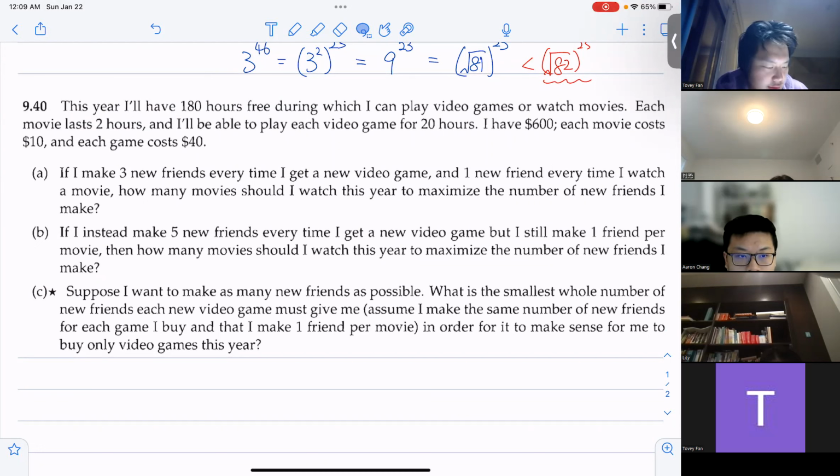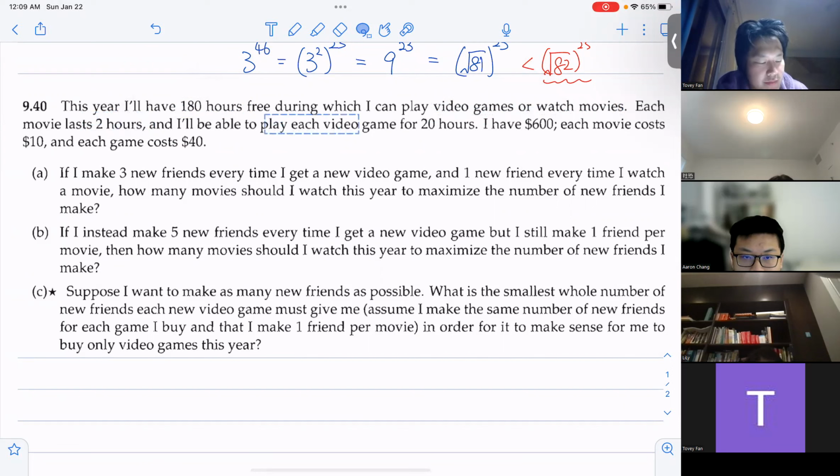So the restriction here: we have two things that will restrict my choice of playing video games or watching movies. The first restriction is the amount of time I have. I only have 180 hours to do these, either games or movies. If I watch a movie, it costs me 2 hours.